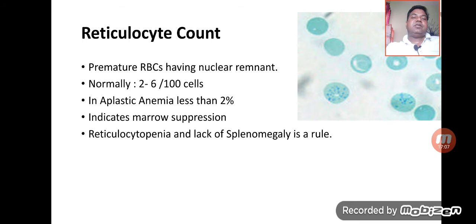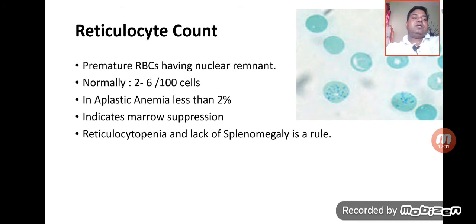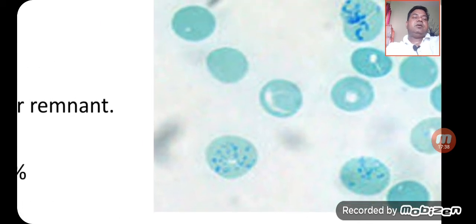It is a very simple test in which we use a supravital stain, and the RBCs are kept in the supravital stain for 30 minutes, and then we prepare the smear and can see the reticulocytes. These reticulocytes are premature RBCs which have nuclear remnants, and as you can see in the diagram, the dotted or reticular-like structures are seen in the RBC.